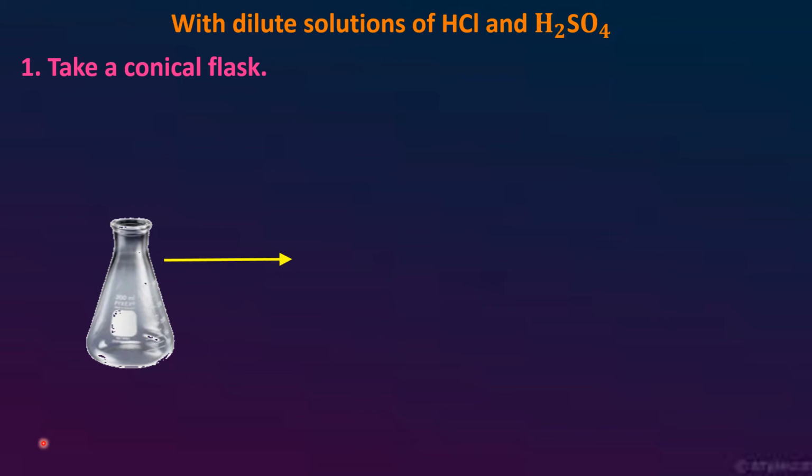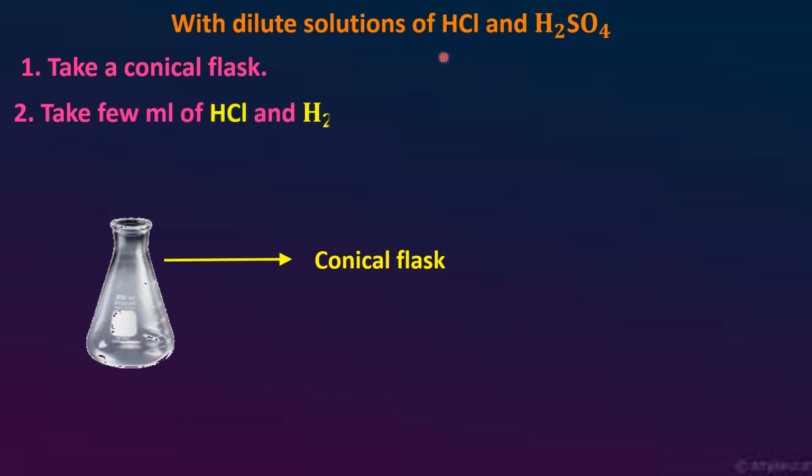Now we'll take some amount of dilute HCl into the conical flask. We need 2 conical flasks, one for HCl and one for H2SO4. So we'll take some amount of HCl in one of the conical flasks and then some amount of H2SO4 in the other conical flask. Okay, so first we'll take HCl.